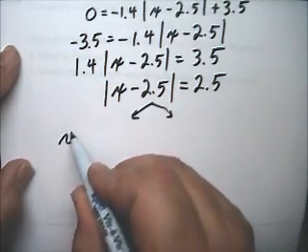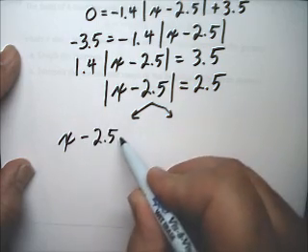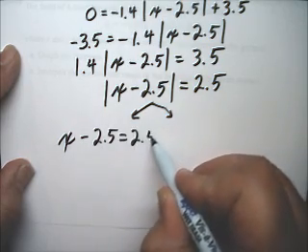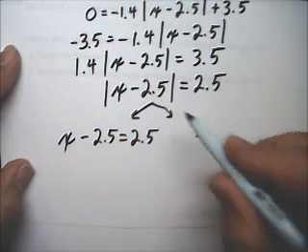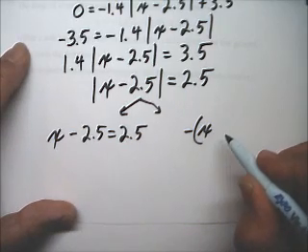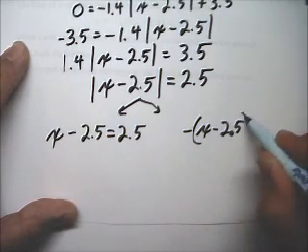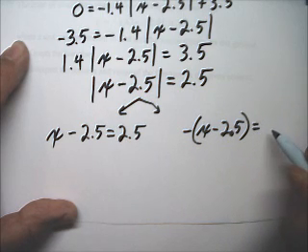One is the positive, that's x minus 2.5 equals 2.5, and the other is the negative of what's in the absolute value sign: negative x minus 2.5 equals 2.5.